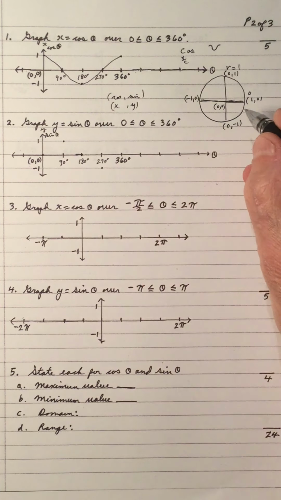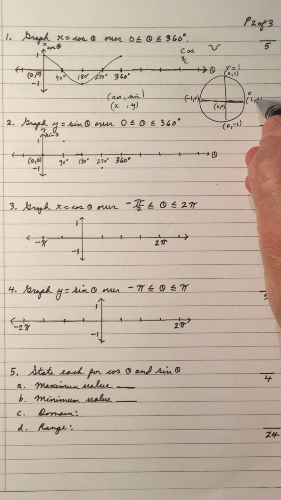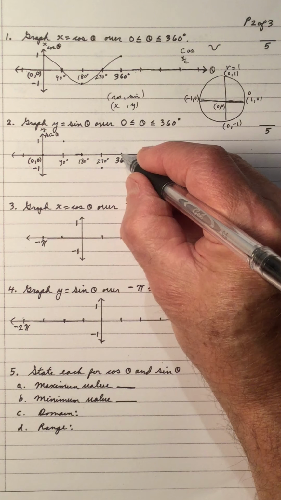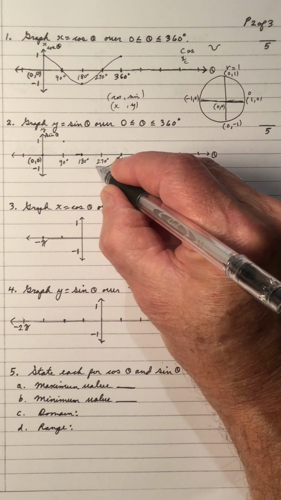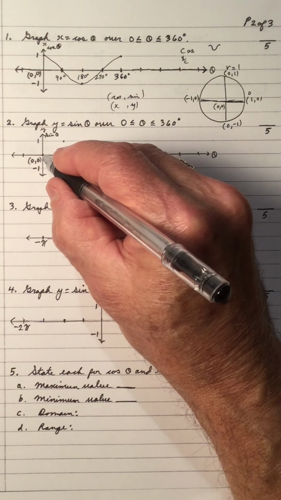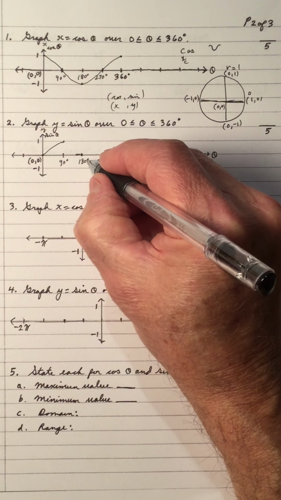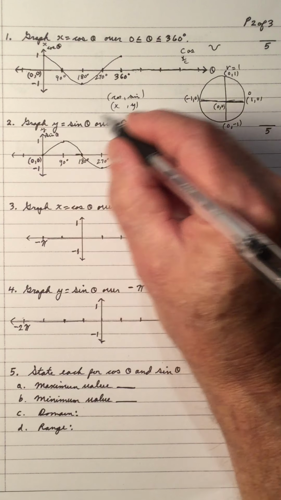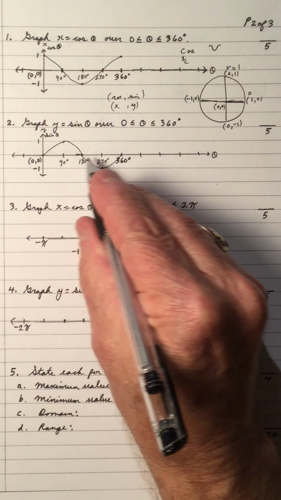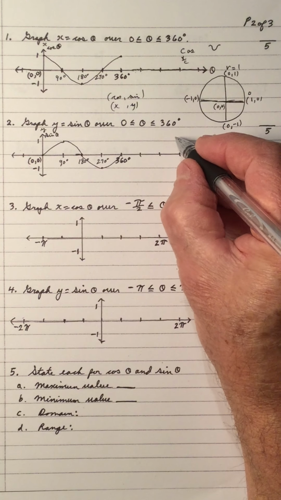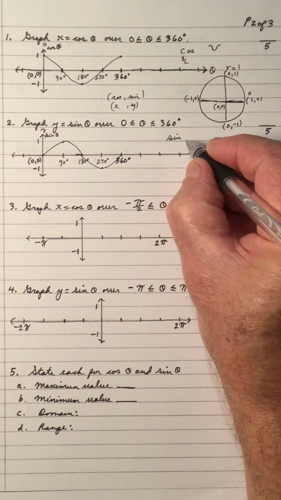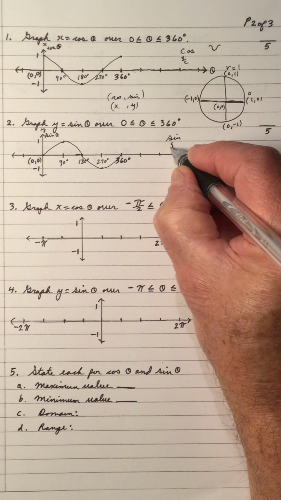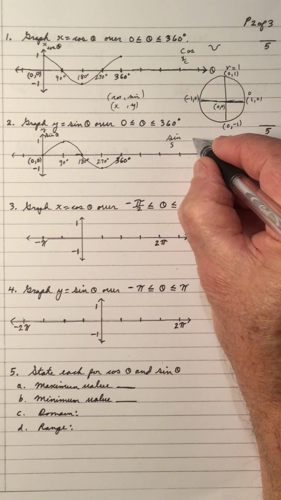And at 360, we're back to 0 for the y. This is the graph of sine theta over this interval. Notice that the graph is sine, which begins with S, so the graph of this is a sideways S.